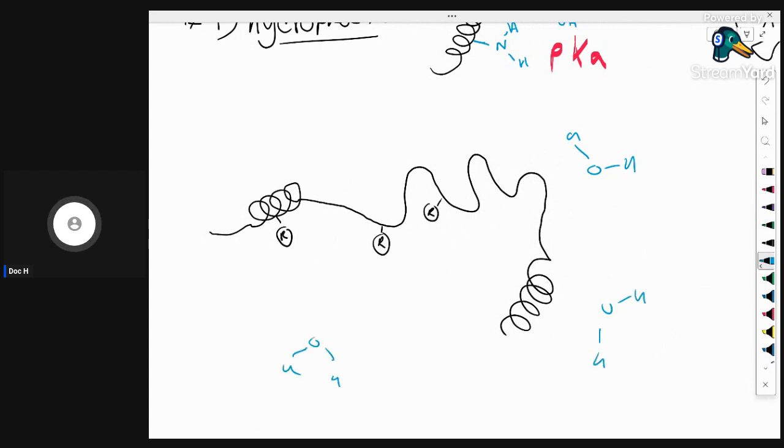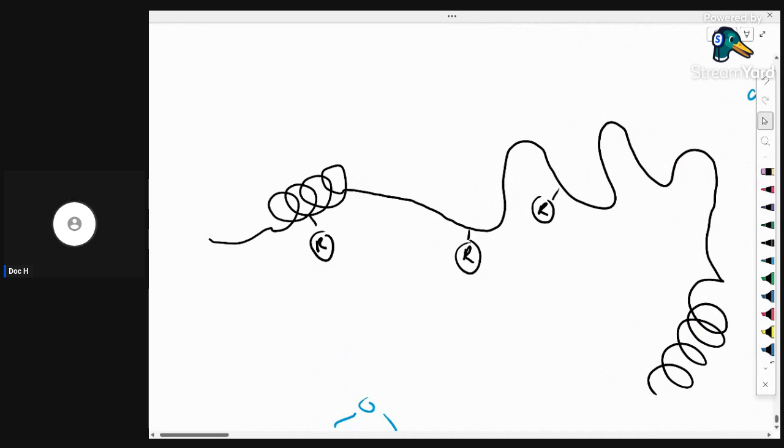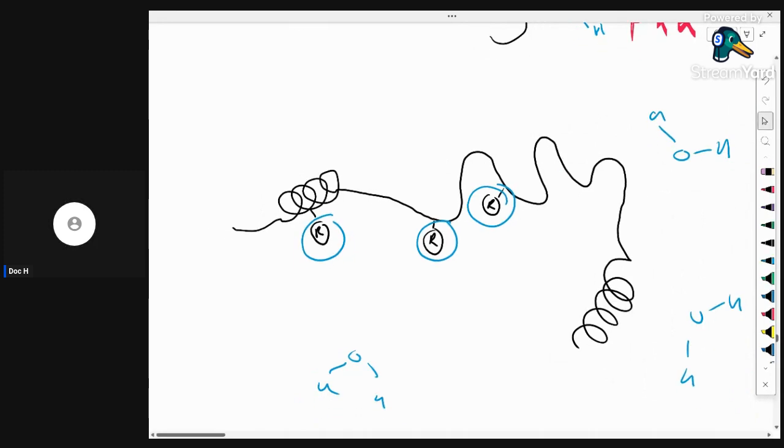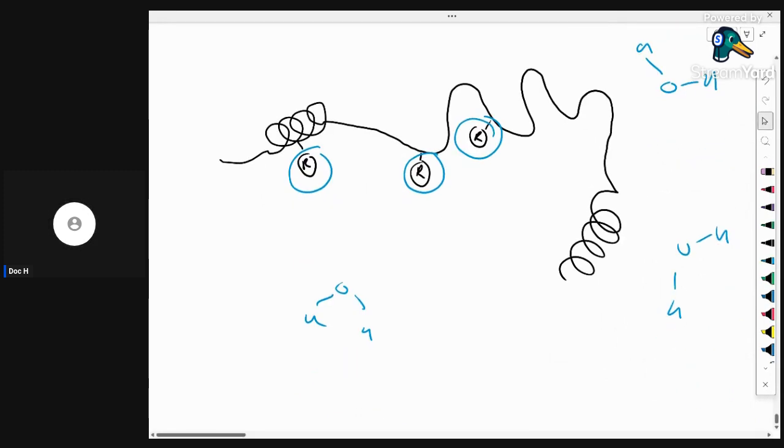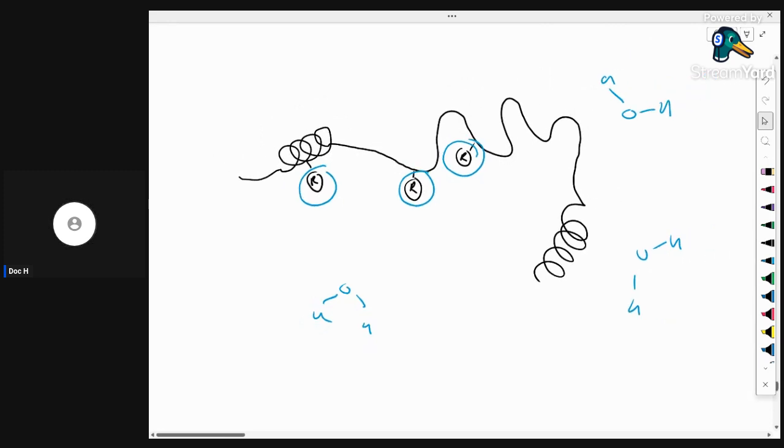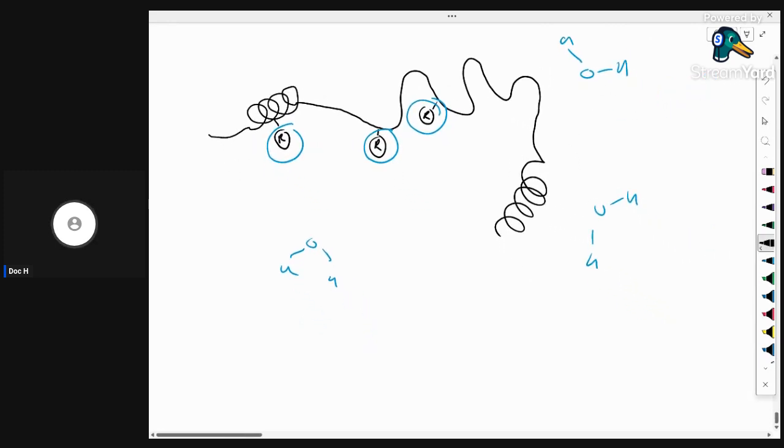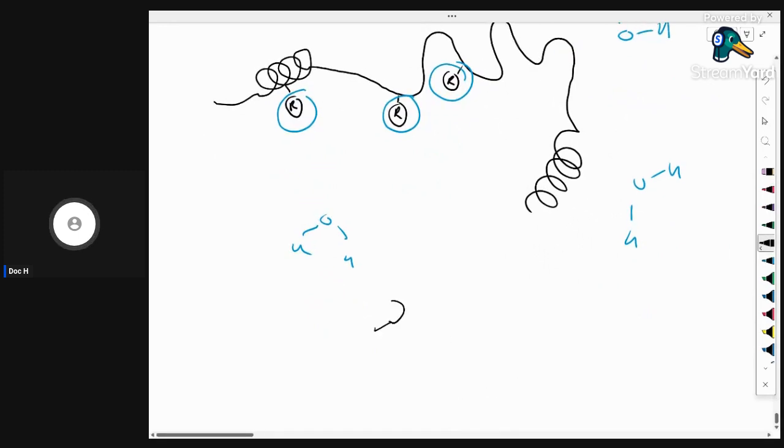So when this folds up, not only have you got ionic bonds, hydrogen bonds, and disulfide bonds that can form, these amino acids here are going to want to interact with each other because they're all hydrophobic. They are not going to want to interact with water. So they're going to cluster together on the interior of the protein.